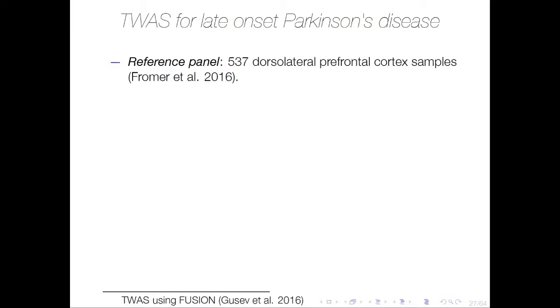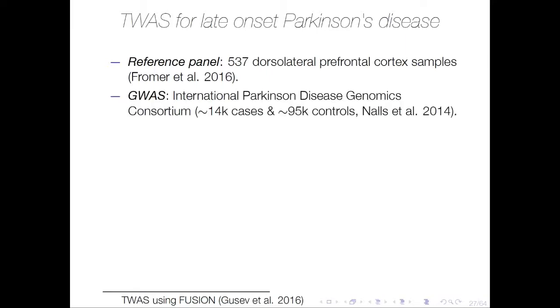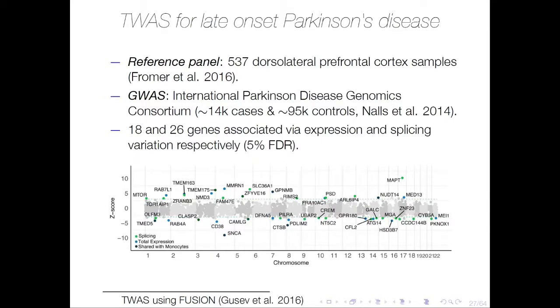Here we mapped splicing QTLs in prefrontal cortex samples, and we used one of the largest publicly available Parkinson's GWAS data sets. Doing this, we found 18 and 26 genes, respectively, associated to this disease through expression and splicing.